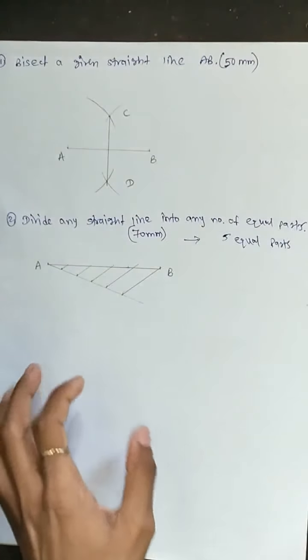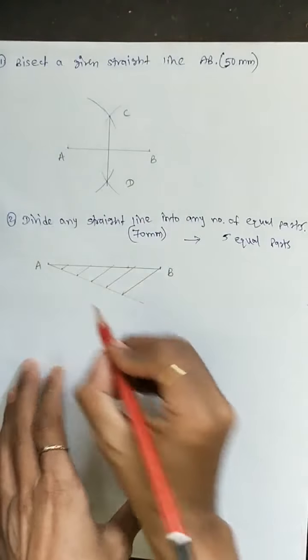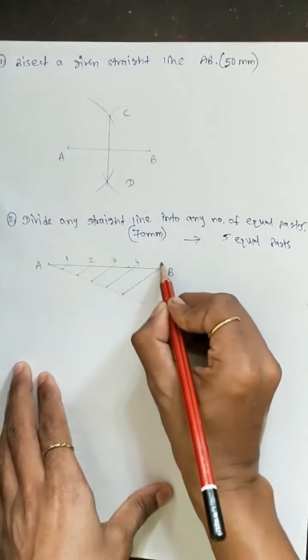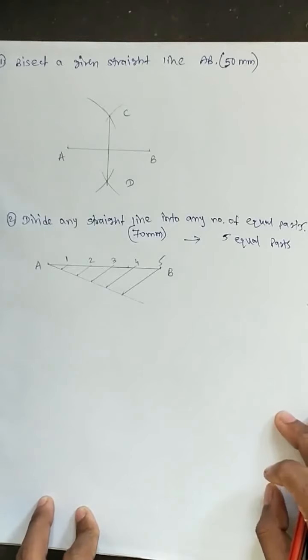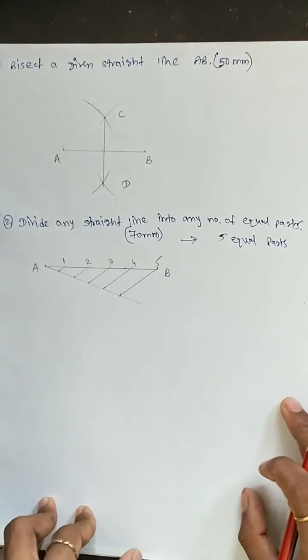In this way, you can divide any line into equal number of parts. So, part 1, 2, 3, 4 and at point B there is a point 5. So, in this way you can divide any line into equal number of parts.